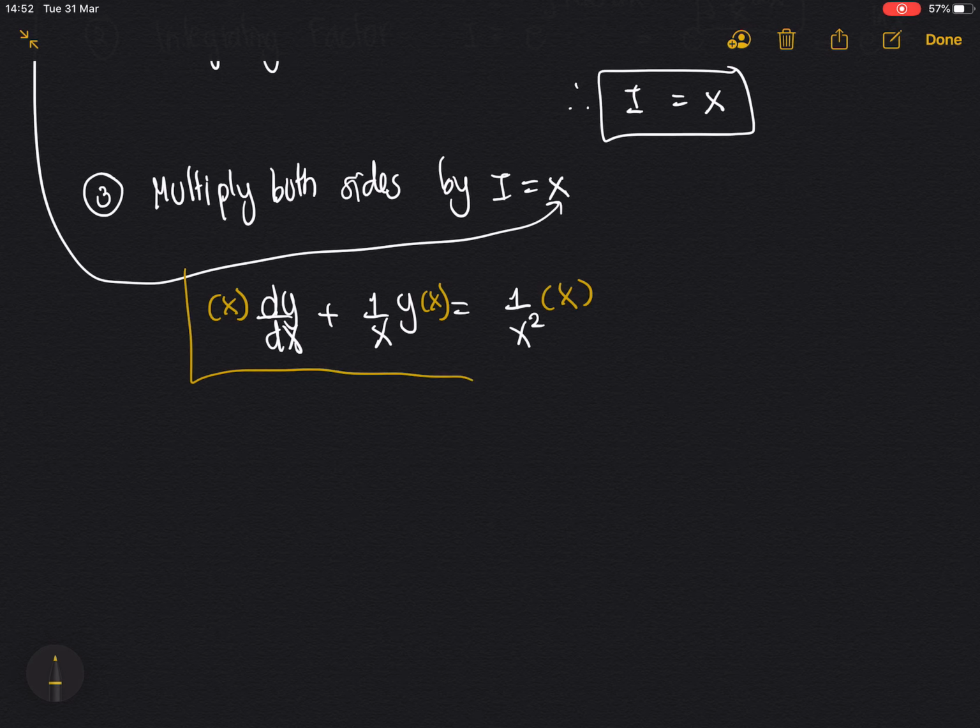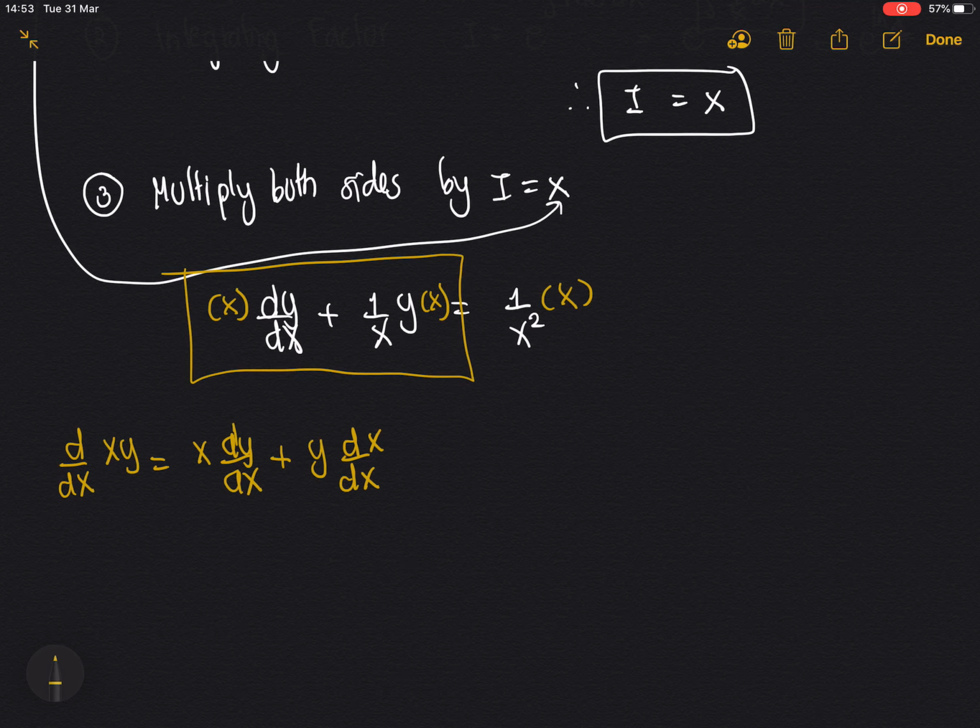So again, on the left hand side of the expression, it's similar to when you perform the product rule between the x term and the y term. Alright, so that would be equivalent to x multiplied with dy by dx plus y multiplied with dx by dx, which is basically equivalent to y, right? So that is the same as these ones.